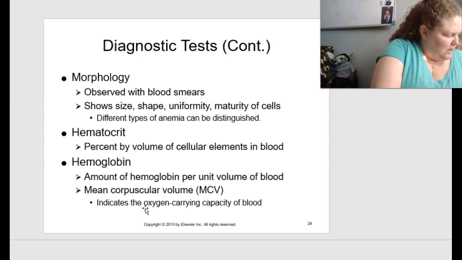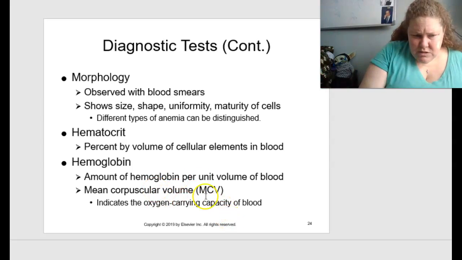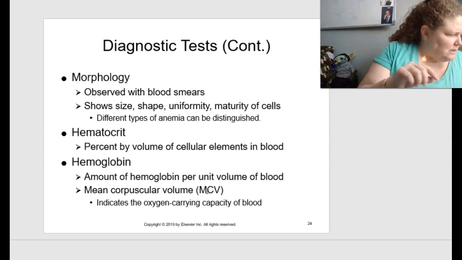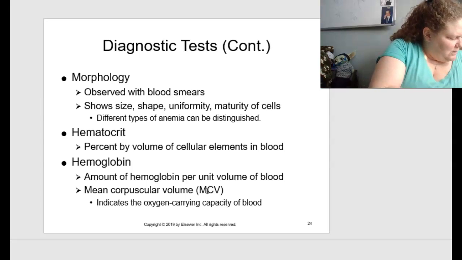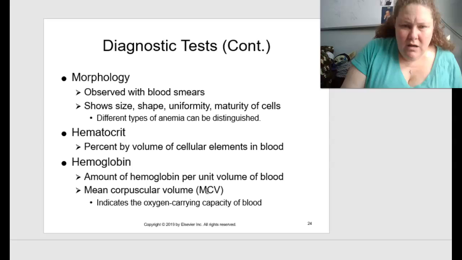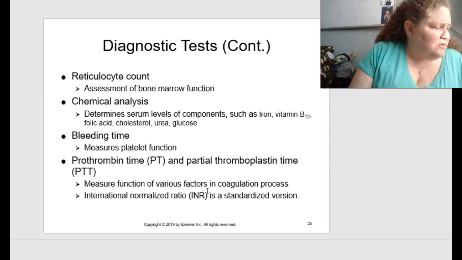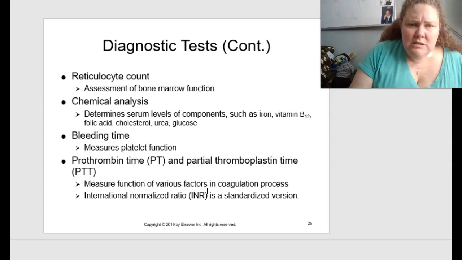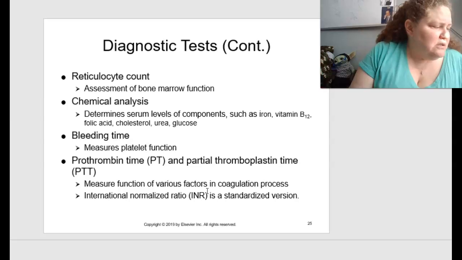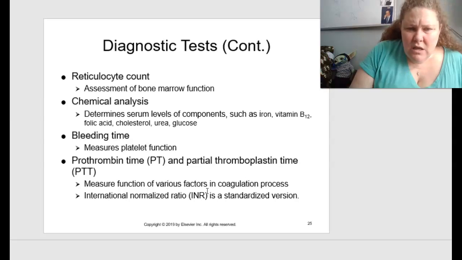Your hemoglobin is measured, and the amount of hemoglobin per cell is shown by the mean cellular hemoglobin, the MCH, which is included in this CBC, and is going to be the oxygen carrying capacity of the blood. You can also count reticulocytes, and this is basically an assessment of the bone marrow function. Reticulocytes are immature non-nucleated red blood cells.